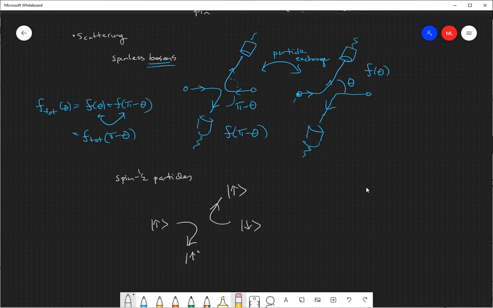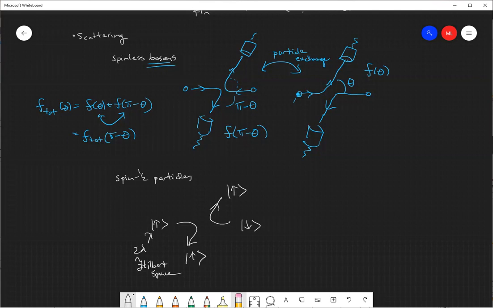So each particle's spin states form a two-dimensional Hilbert space. Because there's a spin state now that you have to consider, and you have to think about how the spin might change under the scattering.